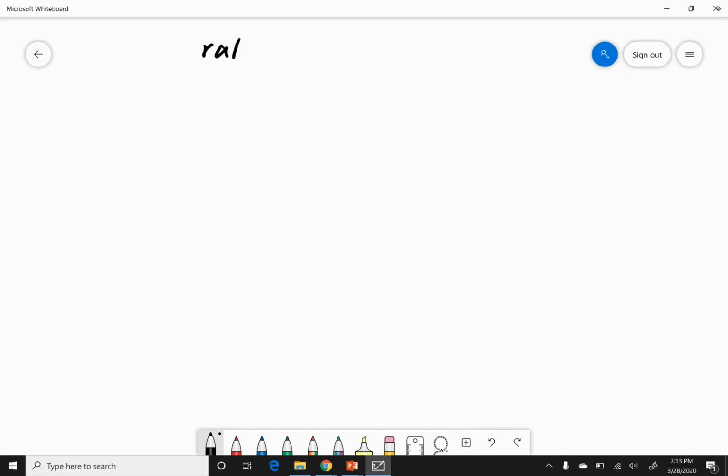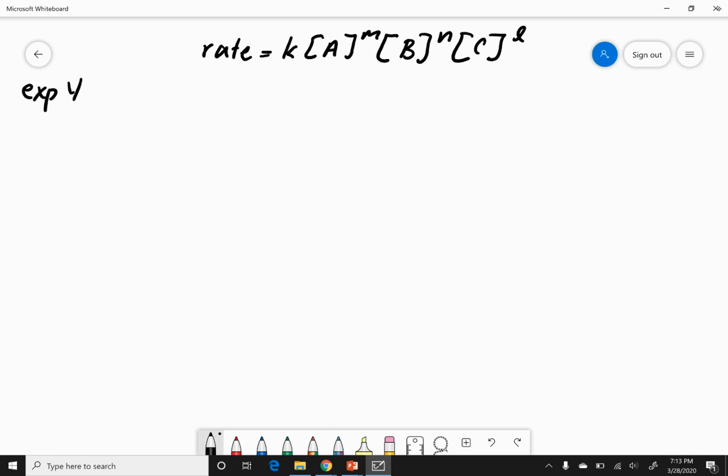So let's say rate equals K A to the mth power, B to the nth power, and let's do C to the nth power. And so again, we want to go ahead and make sure that B is changing. So that's going to be experiment 4.